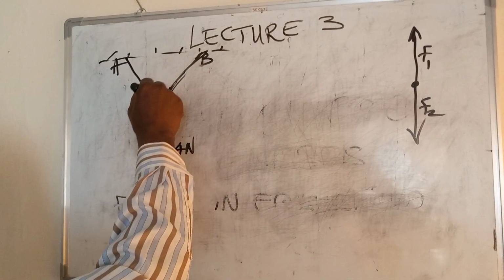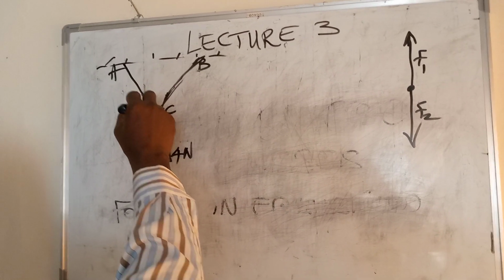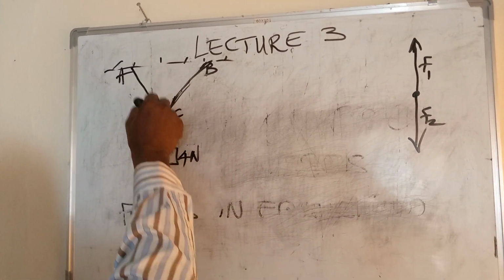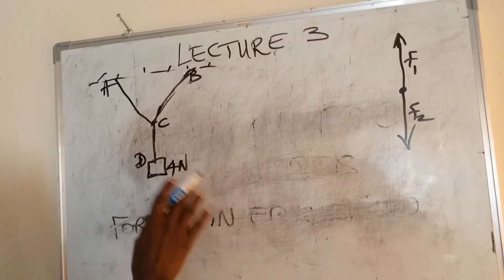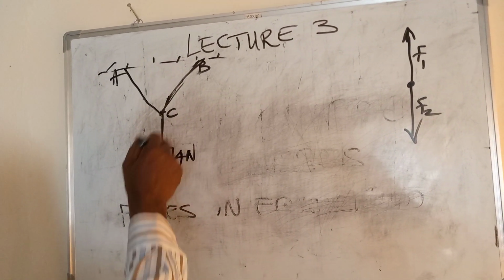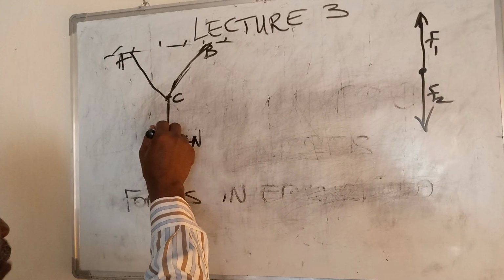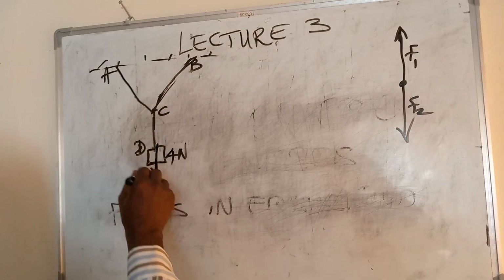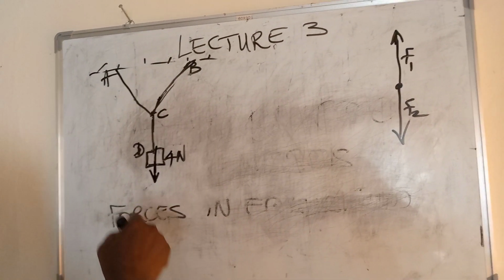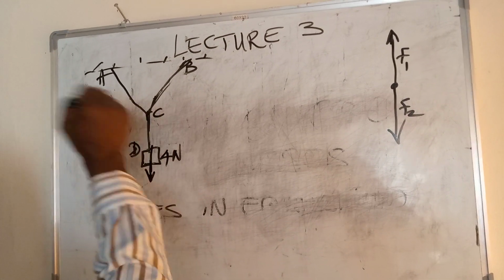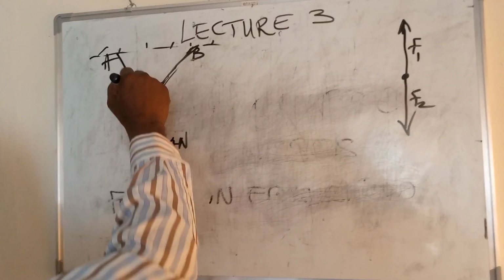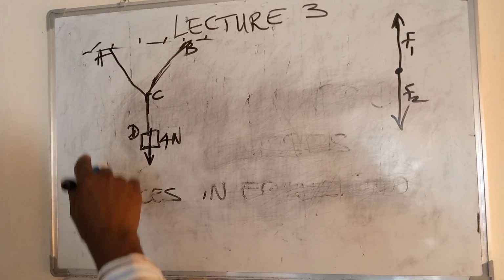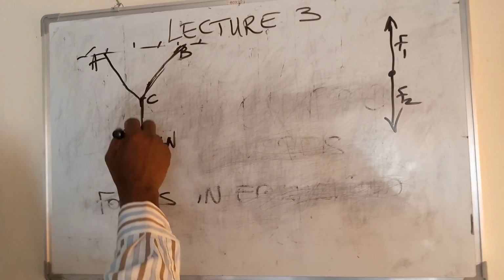The cable from C to D is carrying the load. By the force of gravity, the weight of the load will be pulling down this point C. As it's pulling down C, BC and AC will not allow that to happen since it is in equilibrium.